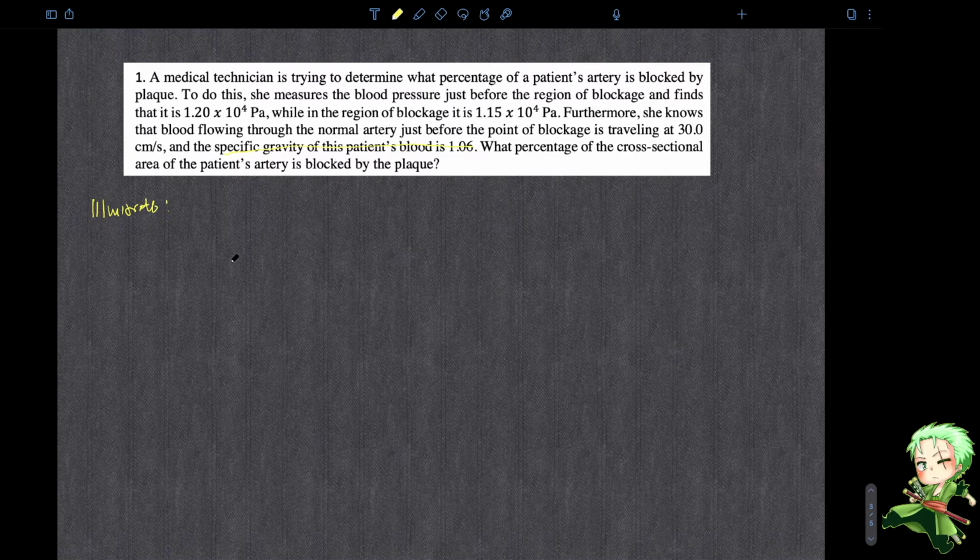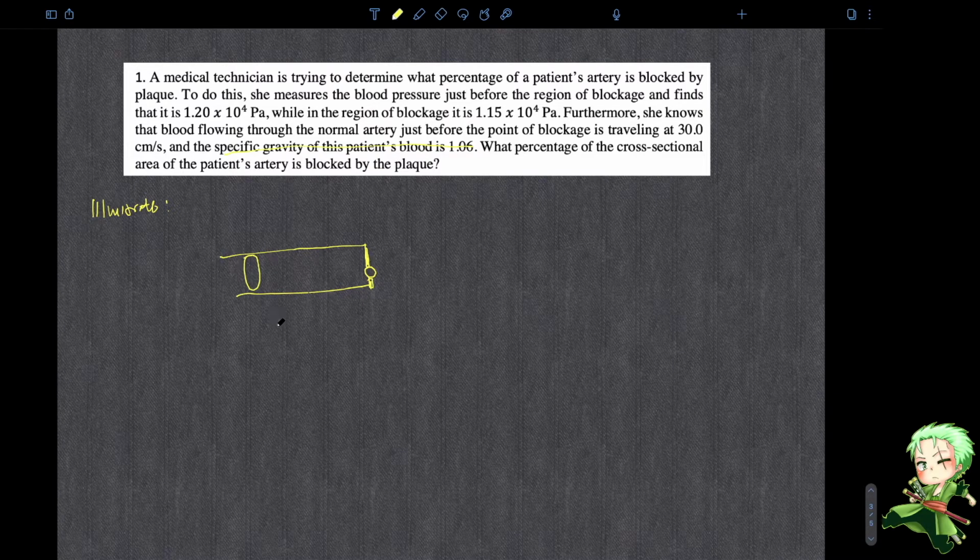So if you have an artery like this one, the problem says that just before the blockage, we assume that there is a build up of, say, something here. This is the normal cross-sectional area of the artery, and this portion here, which I shaded, is the blockage, and this is now the new cross-sectional area with which the blood is flowing.